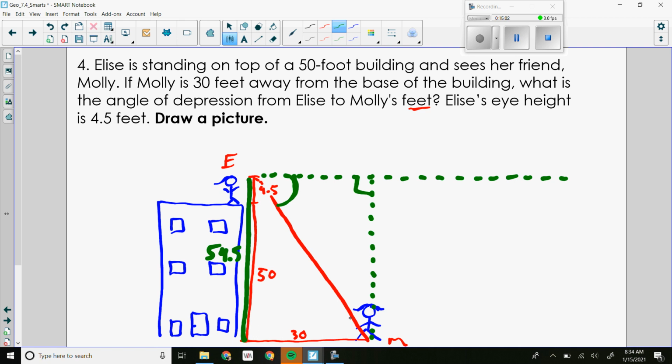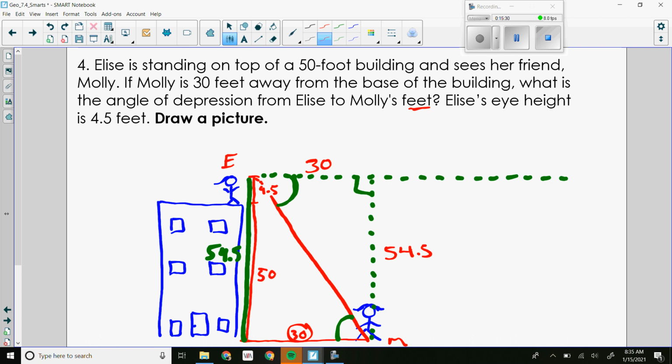Now that is the same as this one, so if you want to just find that, you could, but I'm going to do it up here at the top one. It's the same idea, right? If this is 30 feet, this is also 30 feet. If this is 54.5, this is also 54.5. And then compared to this angle of depression right here, the 54.5 is the opposite.